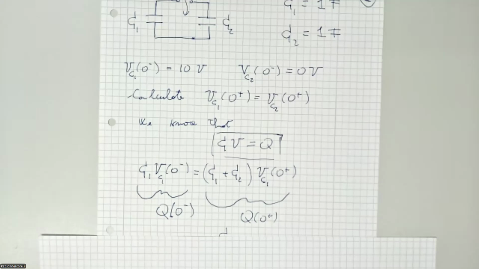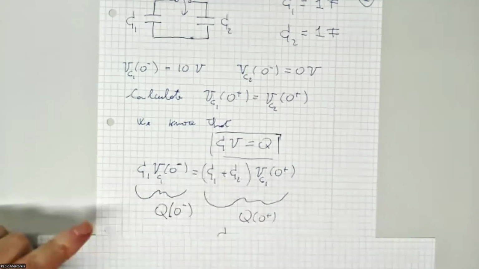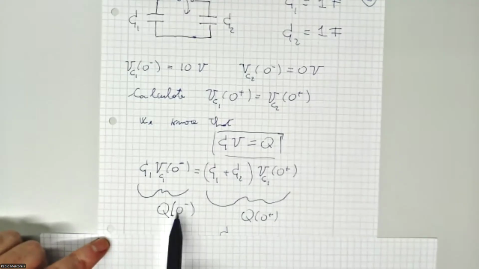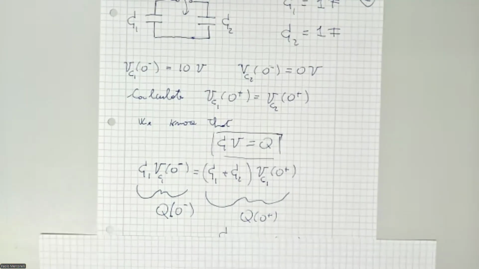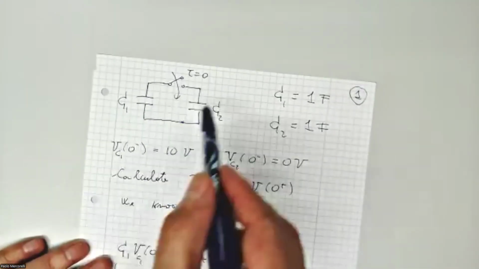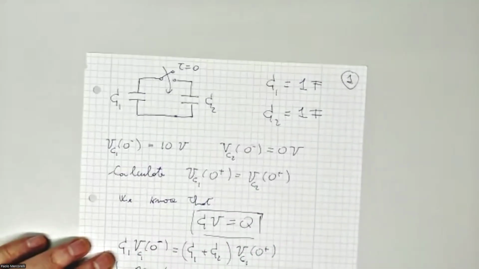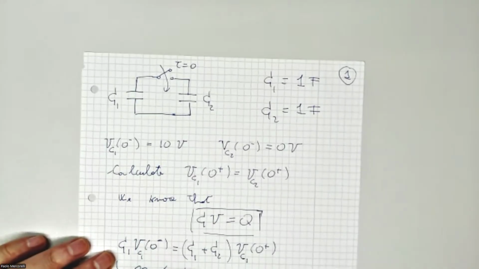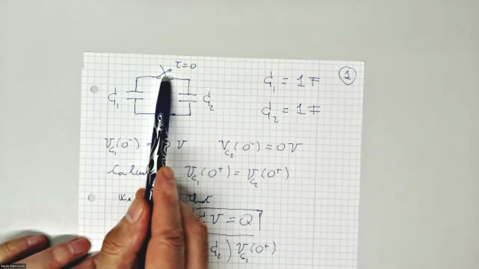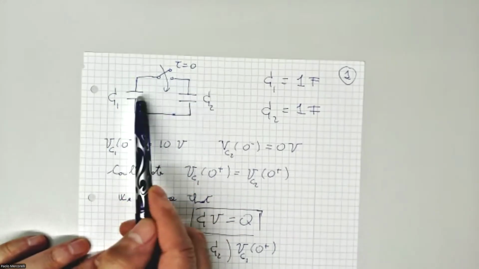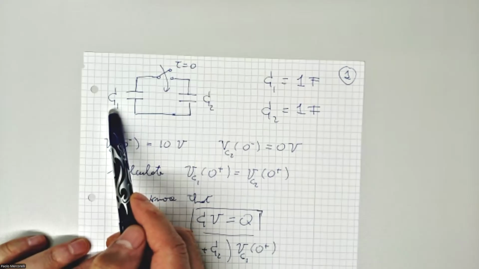Look what I wrote here. I wrote that the load at time 0 minus equals the load at time 0 plus. This is the principle: the conservation of the load. I mean, in this system, the load which we have before closing the switch is equal to the load which we have after the switch.